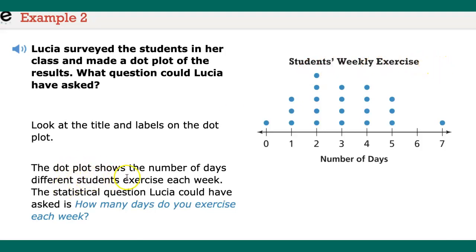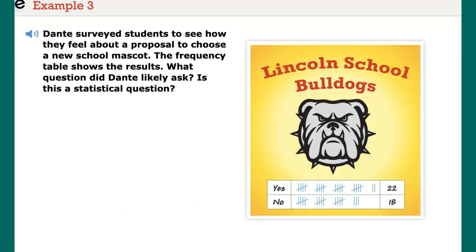The dot plot shows the number of days different students exercise in each week. The statistical question Lucia could have asked is, how many days do you exercise each week? It is a statistical question because it gives you a variety of answers. All right, here's another one.